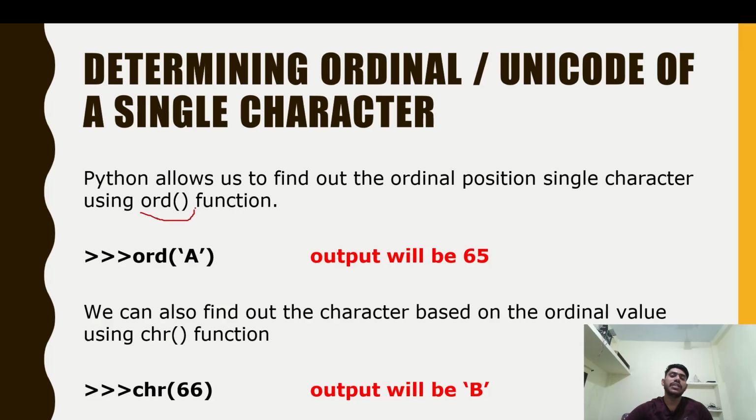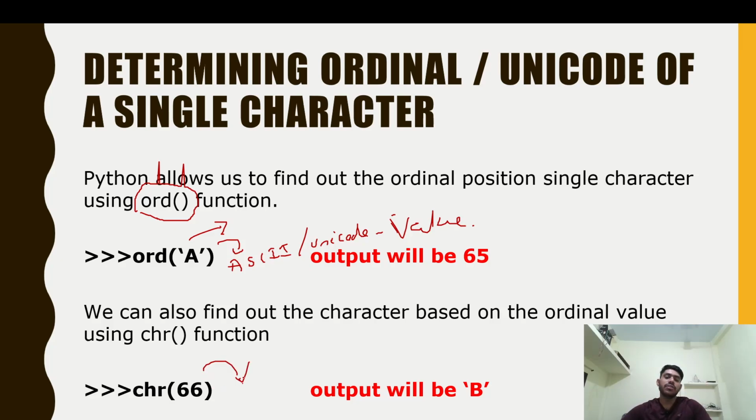What is the use of the ord function? It evaluates the ordinal value, the particular ASCII or Unicode value. But the chr function gives the particular character: it finds the character based on the ordinal value.